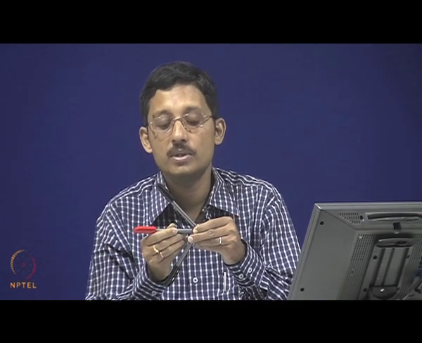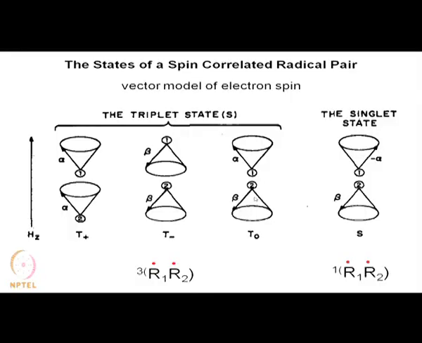So their resultant is not truly 0, but the projection of the resultant on this z axis is 0. That is why it is called T0. So this is T0, this is T minus, that is both beta, and this is T plus, both alpha, and this one is beta, another is alpha, of course they are exactly 180 degrees.